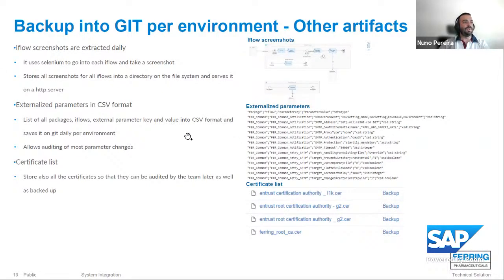That also helps us with auditing most of the changes that we do, since we can see on which day a change was done, and what the previous value was. So it's really nice.